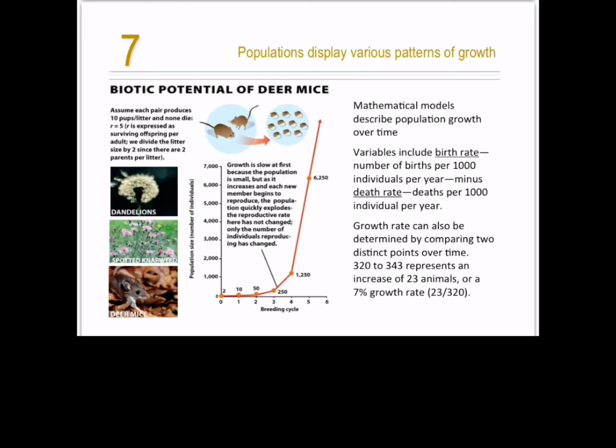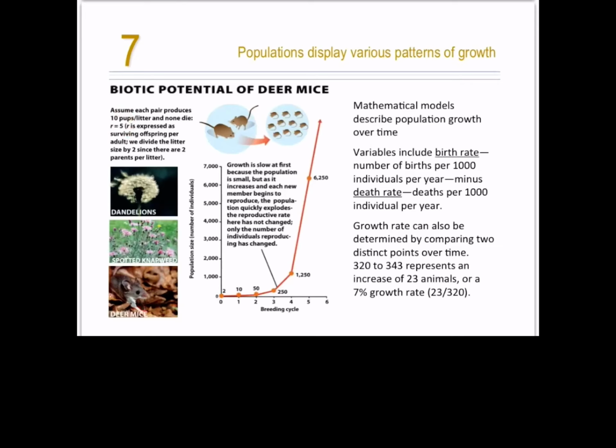If you look at these organisms and their reproductive capabilities, if you assume that each mating pair produces 10 offspring, so that each adult is going to produce 5 offspring, you can then determine how many offspring you're going to have from any one breeding pair.